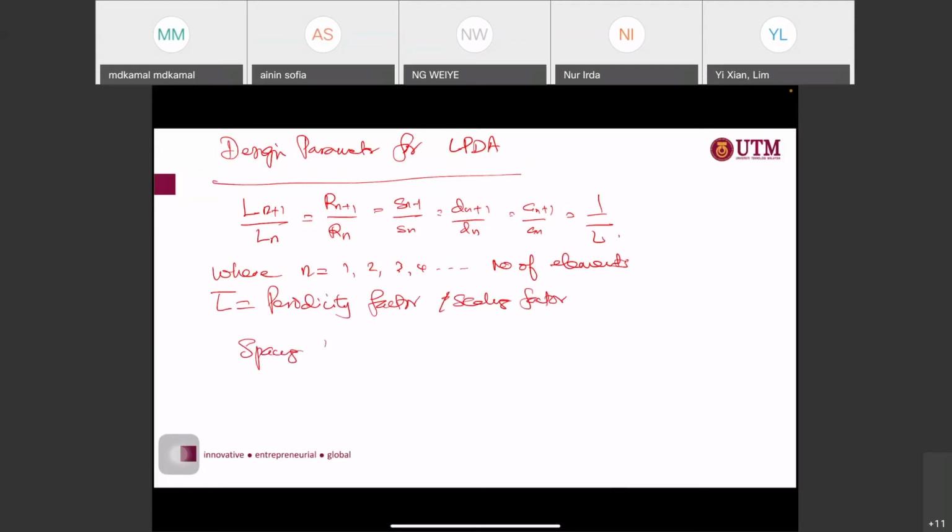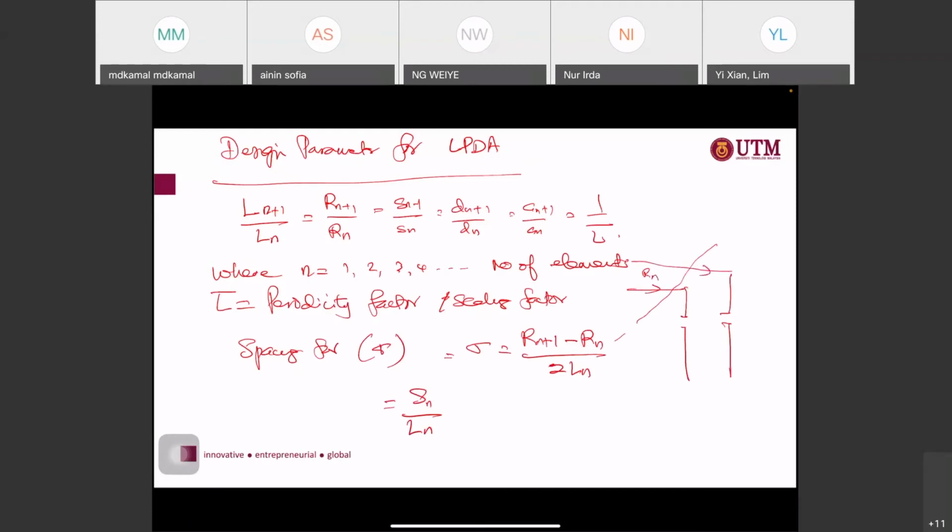Spacing sigma. Okay, sigma actually is equal to Rn plus 1 minus Rn over 2 Ln, so it's equal to Sn over Ln. So what does it mean here? If you have two dipoles, you have Rn here, and then you have Rn plus 1 here.